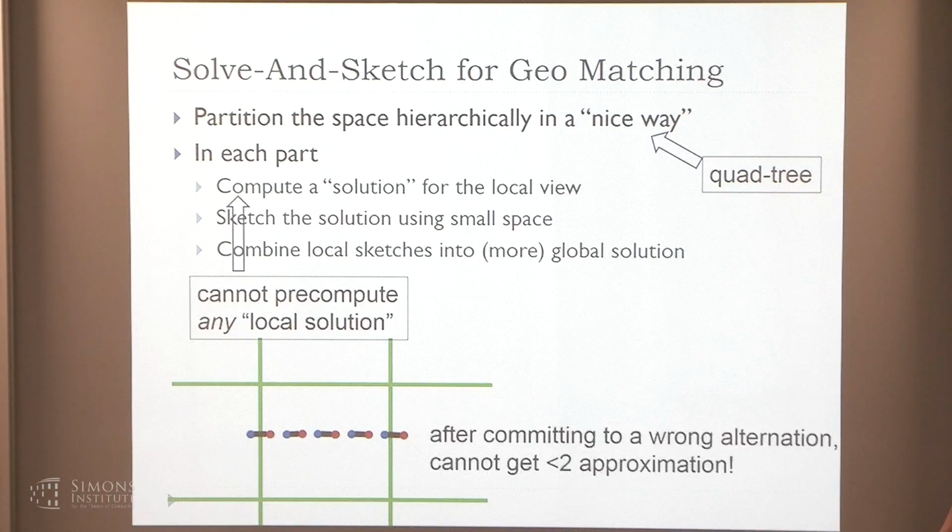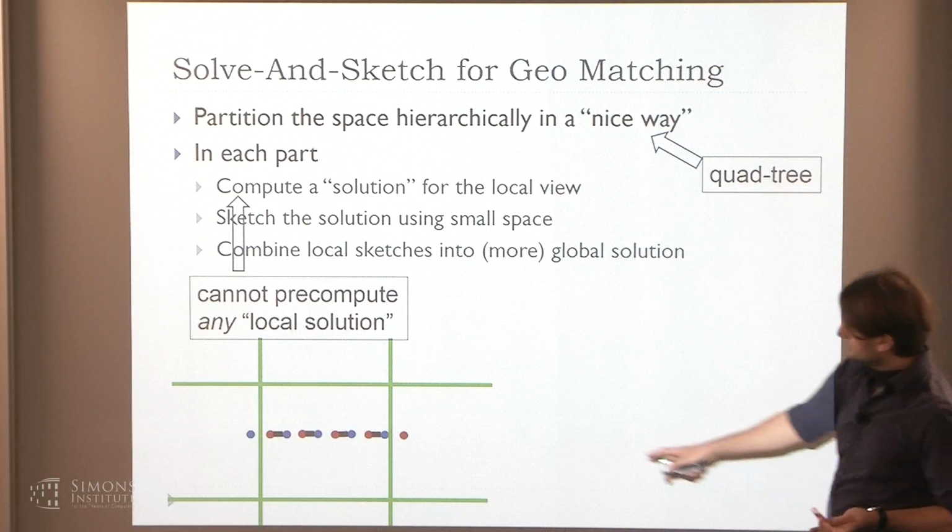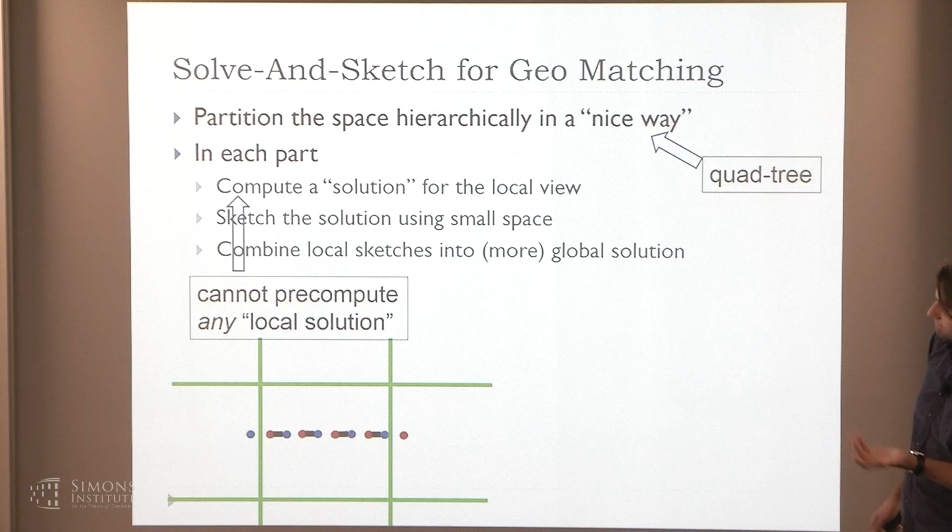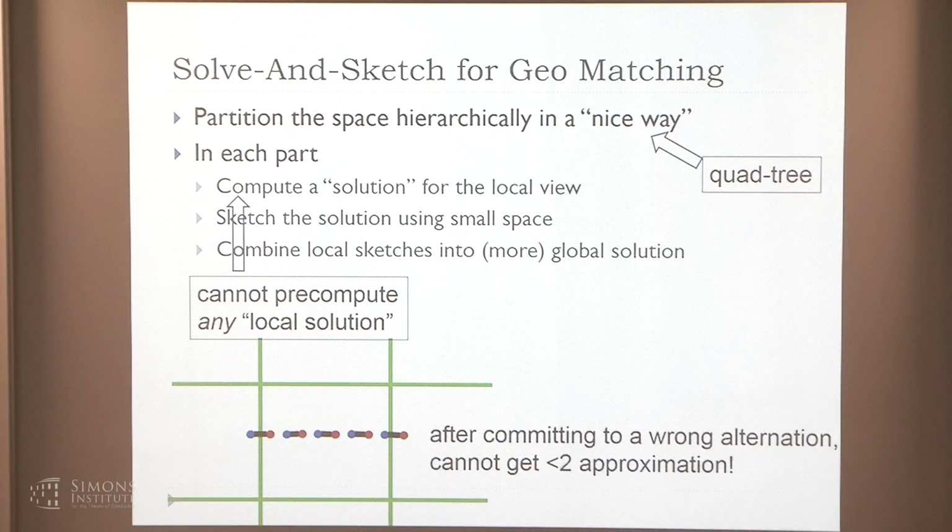And once we have committed to the wrong alternation, to the wrong matching, there is no way to patch it up later to get a good approximation. Once we have committed to this matching, there is no way to fix it to get an approximation which is close to 1 plus epsilon, to get an approximation less than 2.